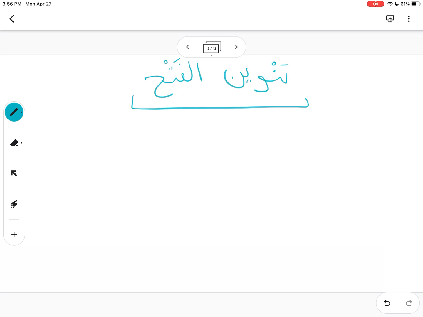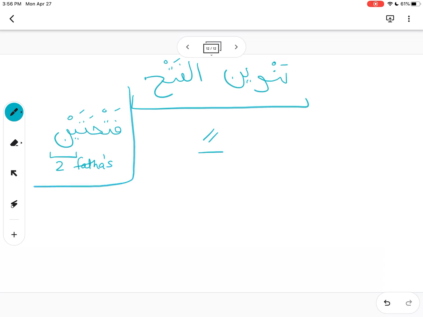Tanween al-fath is the only one that has a special rule. The other two are very, very simple. So, tanween al-fath. When you have two fathas at the end, the other way that you can say it is fathatain. And that means when you add ain to the end, it means two fathas. Okay, fathatain.